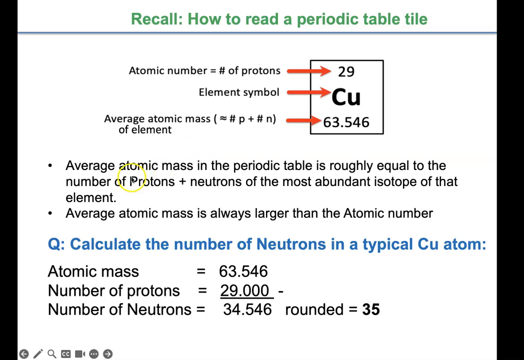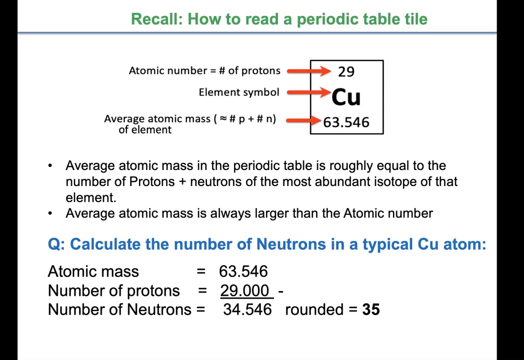So the average atomic mass in the periodic table is roughly equal to the number of protons plus the number of neutrons of the most abundant isotope of that element. Average atomic mass is always larger than the atomic number.